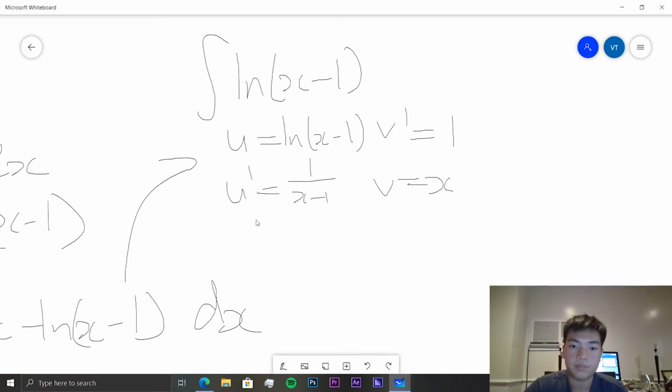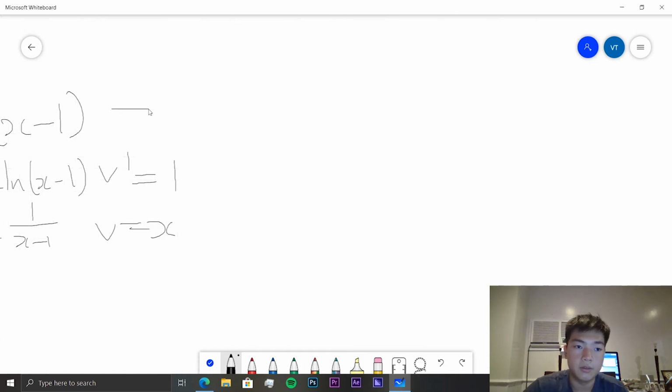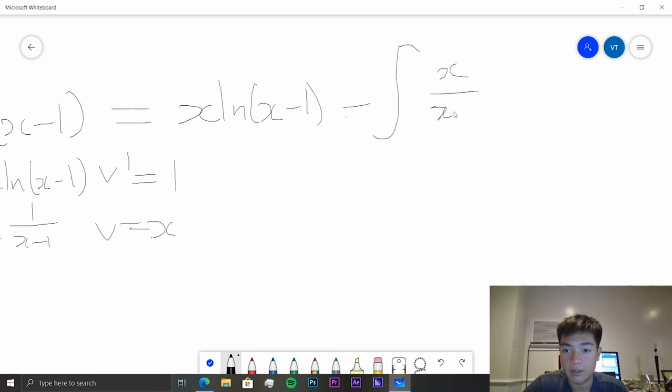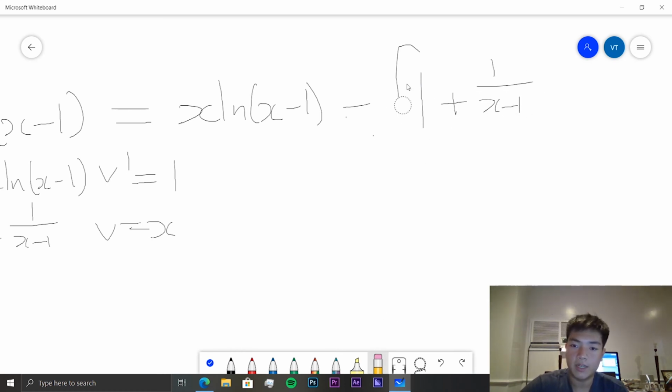So this is equal to x ln x minus 1 minus the integral of x over x minus 1, which we can split into 1 plus 1 over x minus 1, which of course we can easily integrate into x plus ln x minus 1.